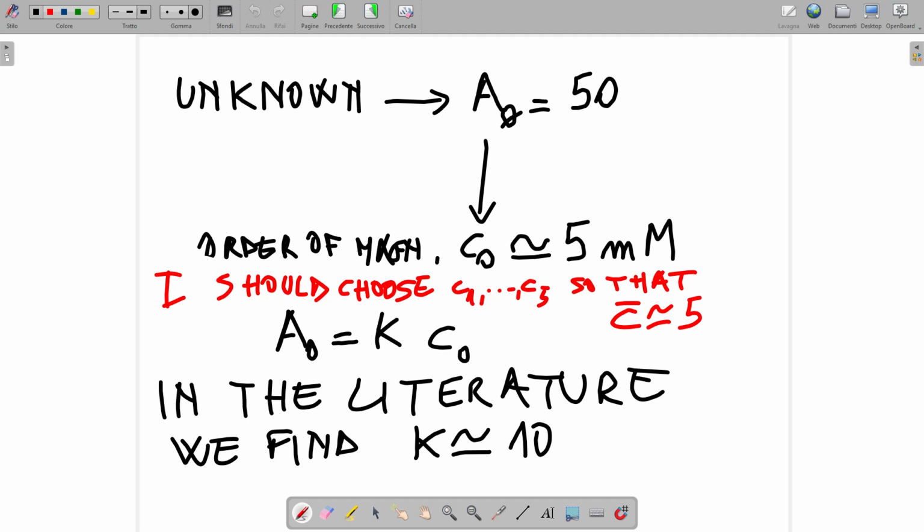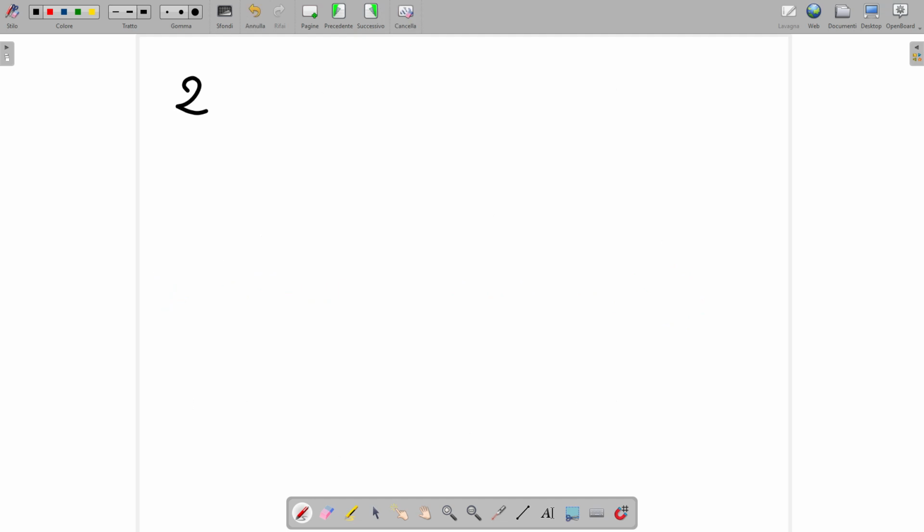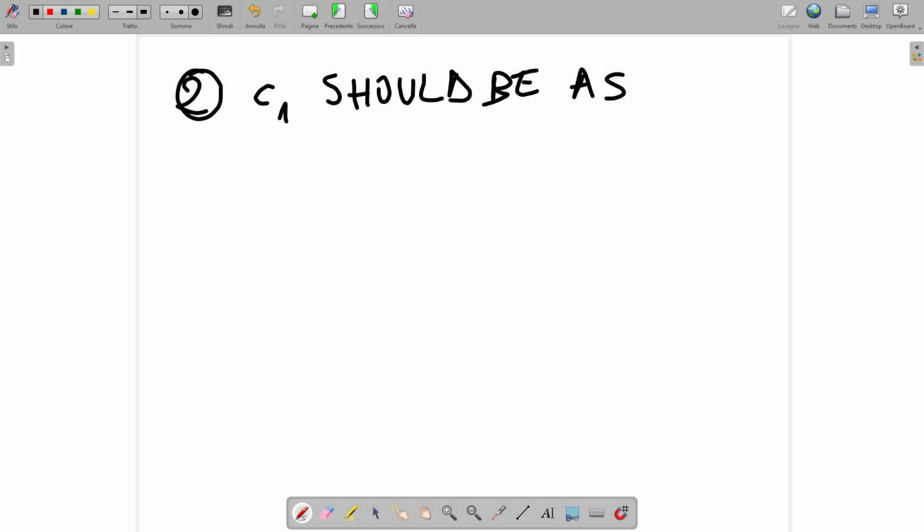Once I have the centroid equal to 5, I want to choose a C1 that is as far as possible from 5. Yes, that is as low as possible. Okay. So this is the first requirement. The second is that C1 should be as low as possible.